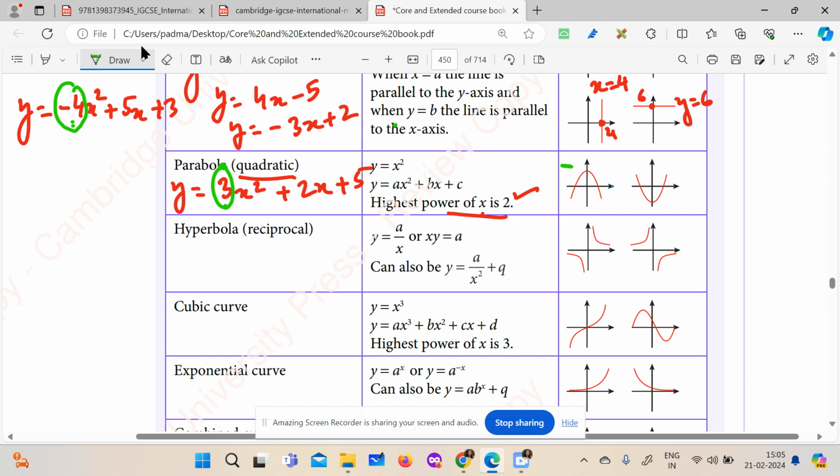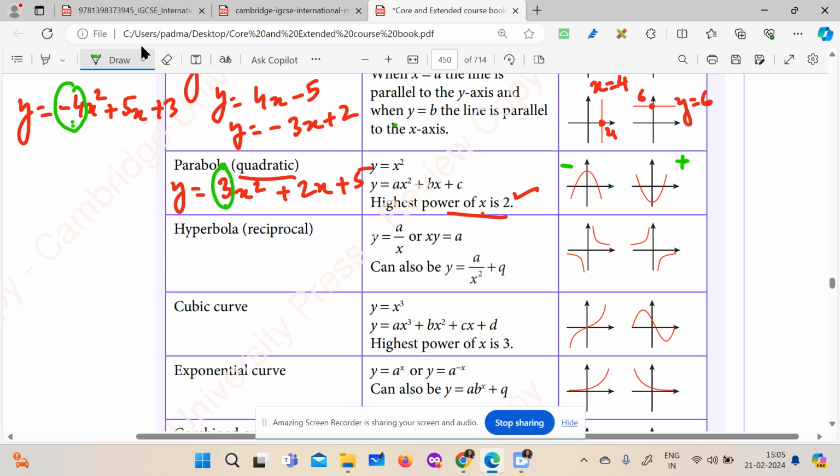And when you have a positive coefficient of x square, as here it is 3, then we have it like this. Is this clear to you? Yes, Miss. When it is upward like a smiley, it means a positive coefficient for x square, and when the smiley is downwards, a sad face, it is a negative coefficient.